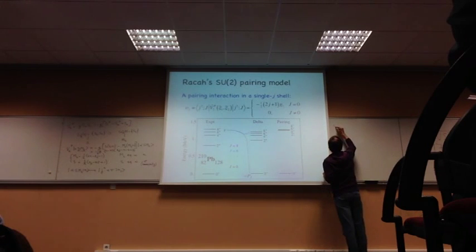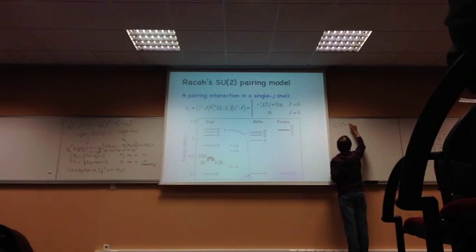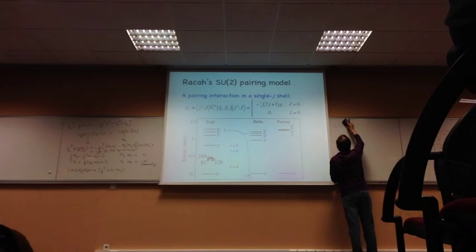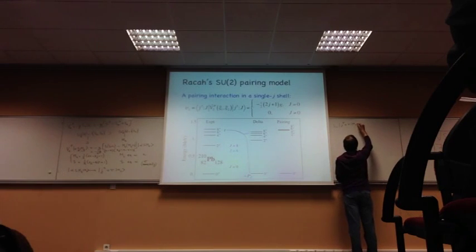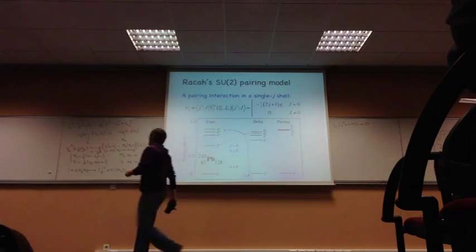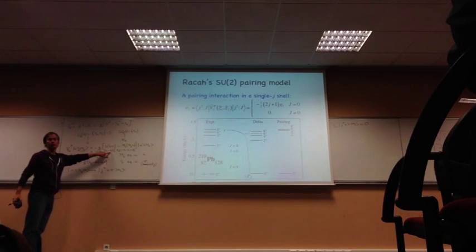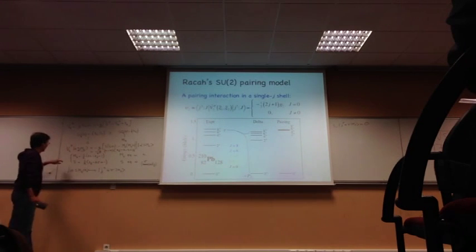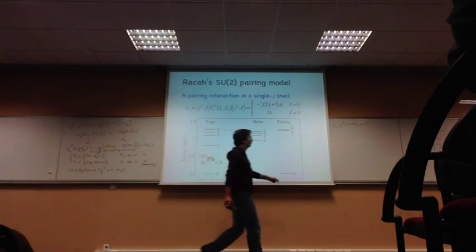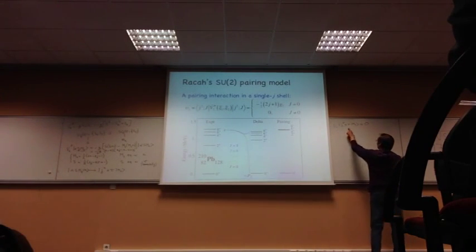So let's add S minus in this state. If the seniority equals the particle number, then this interaction gives 0, and the only way that can happen is if S minus acting on the state is 0.